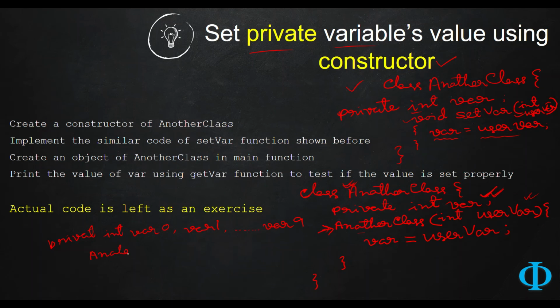So this will be another class, with the parameters: int user var 0, int user var 1, and in this way until int user var 9, and finally you can set var 0 equals user var 0, var 1 equals user var 1, and like this.